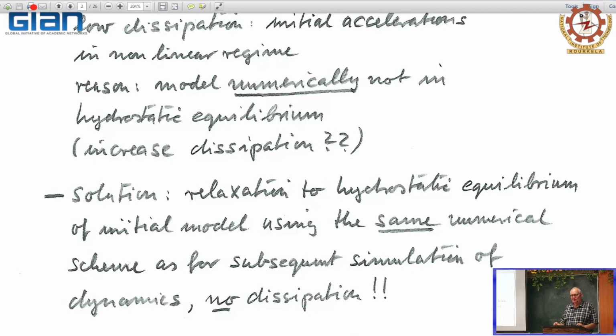It's just the numerics and small numerical changes which avoid these accelerations. If you compare the density structure, the pressure structure, and so on, you will not find any physically meaningful difference. So it's just a numerical problem.